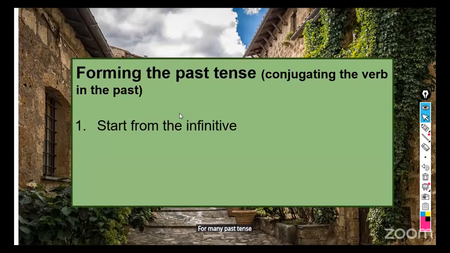We have to start from the infinitive. Now yesterday, I asked the class, what does it mean to conjugate a verb? And we talked about how conjugating a verb means two things.